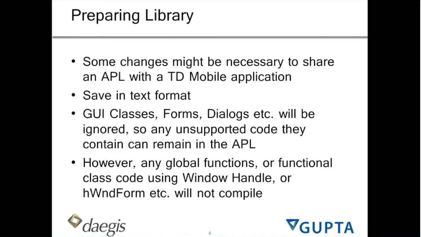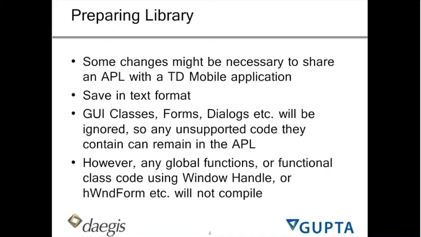But if you happen to have any window-based code in, say, a functional class or a global function that is using a window handle data type or is referencing one of our window variables like hWndForm, those are not valid in a mobile application, and so you will get compile errors if you have those included in that code.